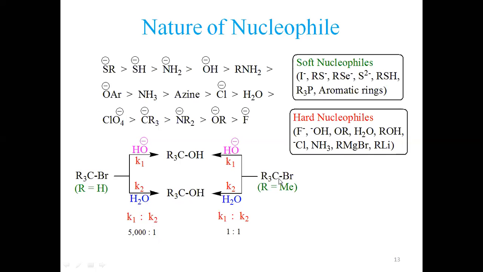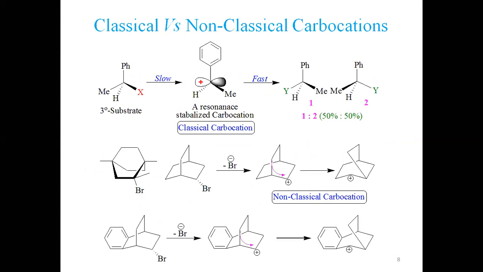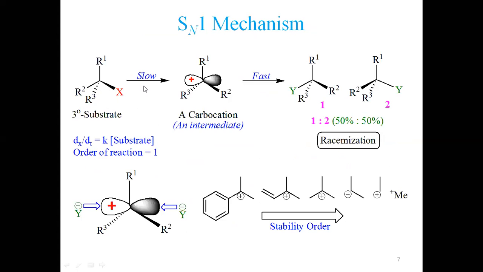On the other hand, we have R3CBr, where this R is methyl, meaning this is trimethyl bromomethane. This is a tertiary carbon, the other is a methyl carbon. If we are reacting this with base, or reacting this with water, k1 and k2 are the same. They are not making any difference. Why? Because if this is a tertiary carbon, it follows the SN1 mechanism. And if you have seen the SN1 mechanism already, in the very first step, the substrate reacts to form a carbocation, then the nucleophile reacts.